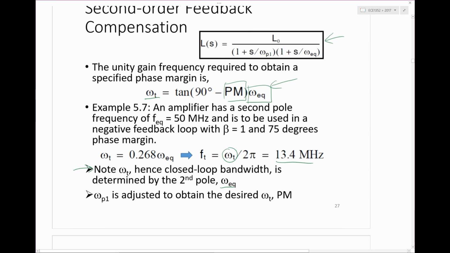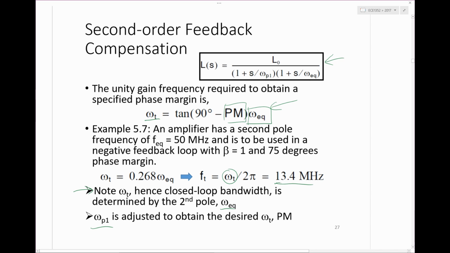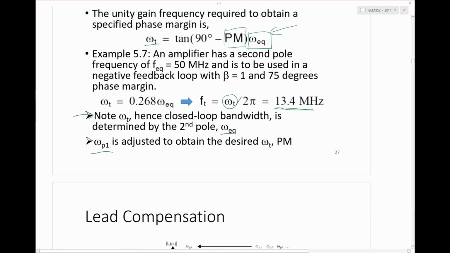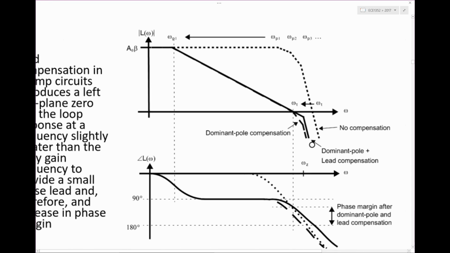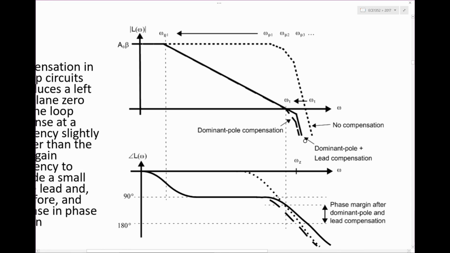So then what you go and do is you just drop omega P1 until Ft is equal to the desired value here. So here's what that looks like on a Bode plot. Let's say you start with the dashed line there. That's no compensation. The phase response plot for the dashed line is shown down here, before you've done any compensation.